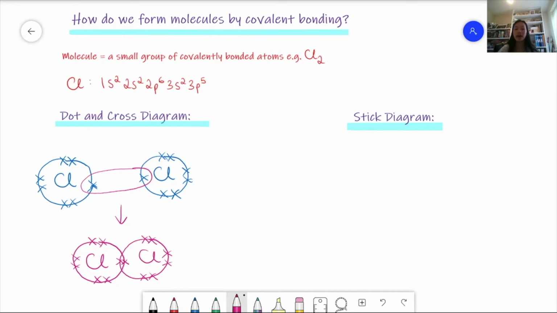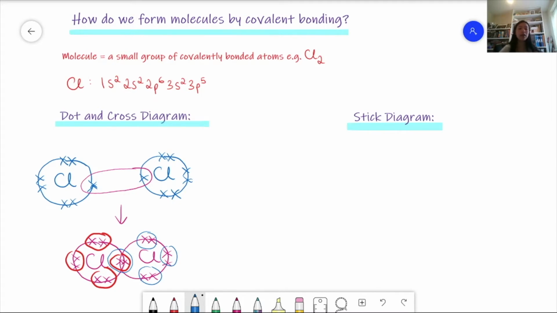And now they both have full outer shells. So it has 1, 2, 3, 4, 5, 6, 7, 8, and this one has 1, 2, 3, 4, 5, 6, 7, 8. So they both now have full outer electron shells, and they're sharing a pair of electrons.